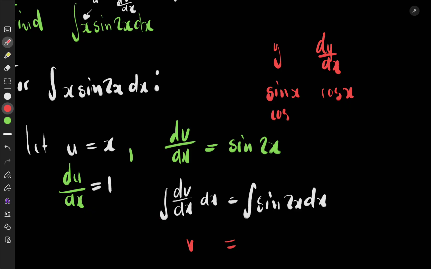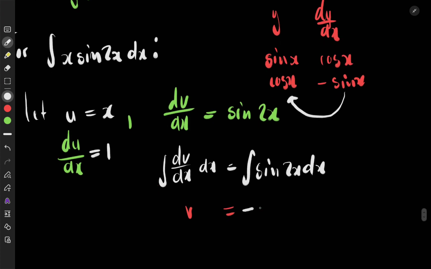And when I differentiate cos x, I'll get negative sine x. These are the two I need right now. So now I'm integrating sine. So I look for sine on the right hand side. It's here. Integrating is going back, okay? If I integrate sine, it goes back. So here sine goes back to cos, but negative sine goes to positive cos. So that means now positive sine goes to negative cos. So it'll be negative cos x.